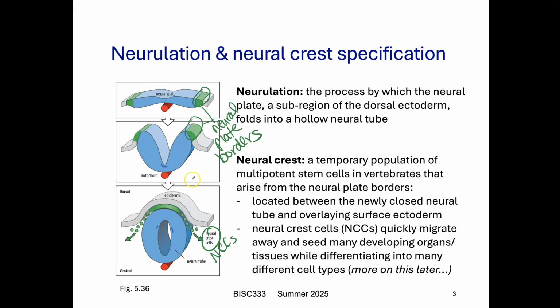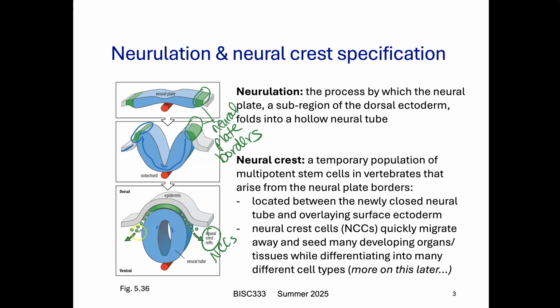The key events, though, are that we're going to look at the molecules, just a small number of them, that are differentially expressed in the epidermis versus the presumptive neural tube. And then there is a population of cells on the boundary between the epidermal and neural tube cells that are going to form the neural crest. These delaminate away, so they don't maintain connections to each other.